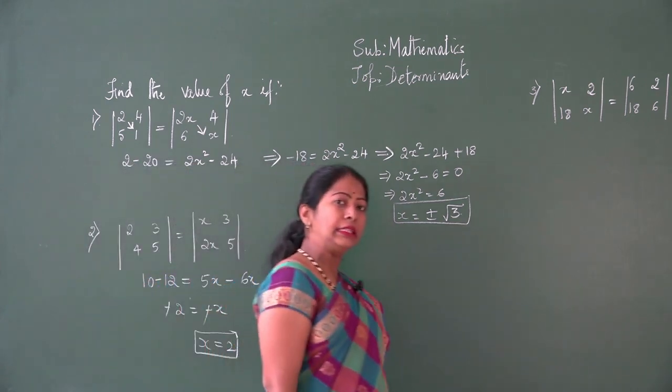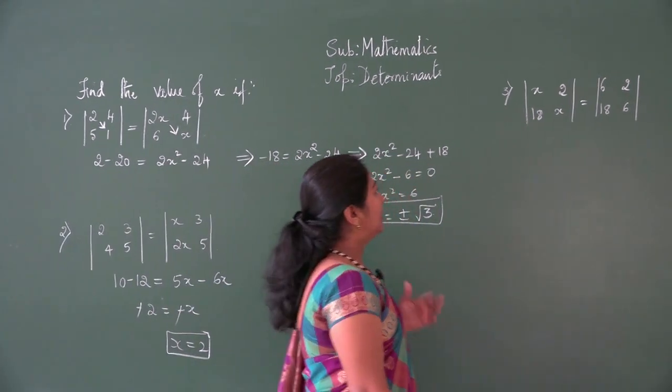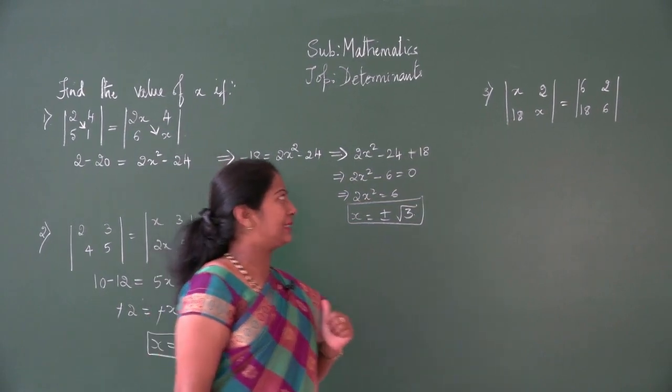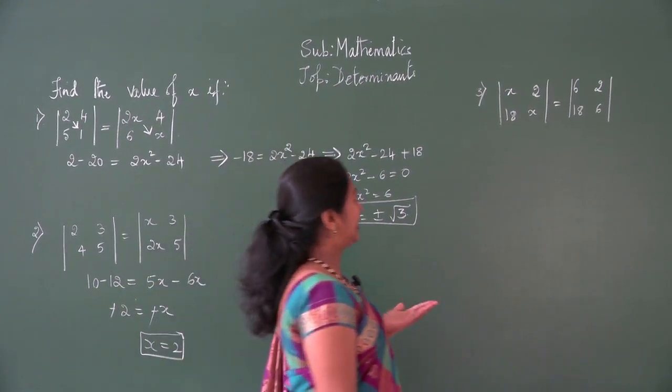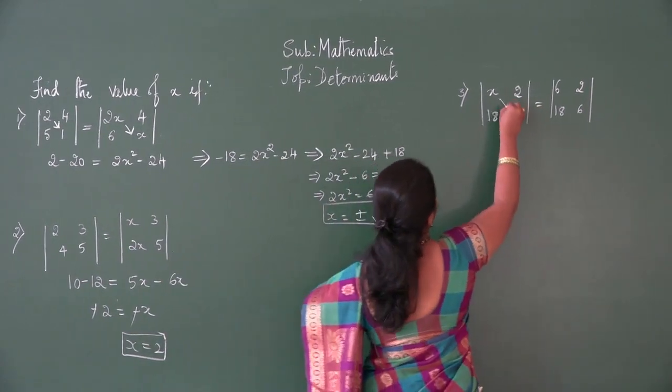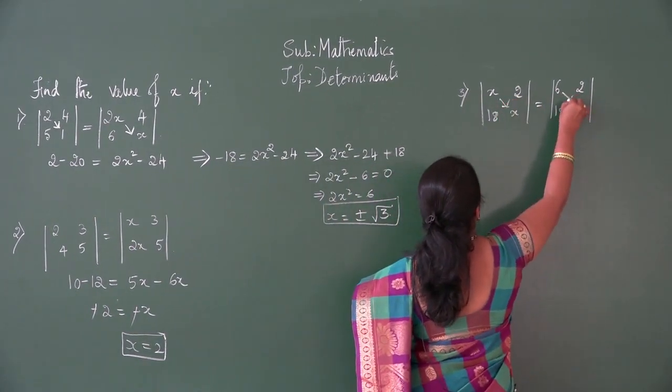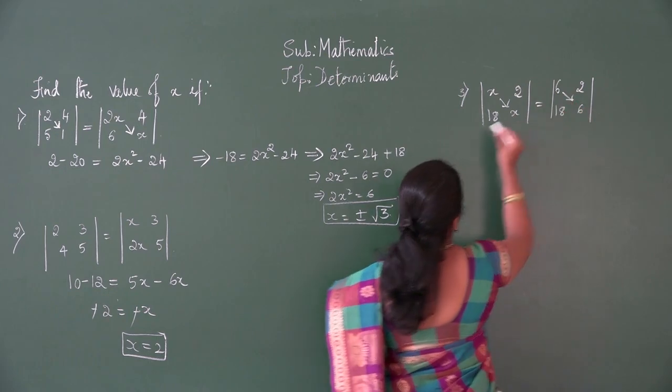Moving on to the third part of the problem. Determinant of x, 6, 18, x is equal to determinant of 6, 6, 18, 6. So it is product of the principal minus product of the secondary.